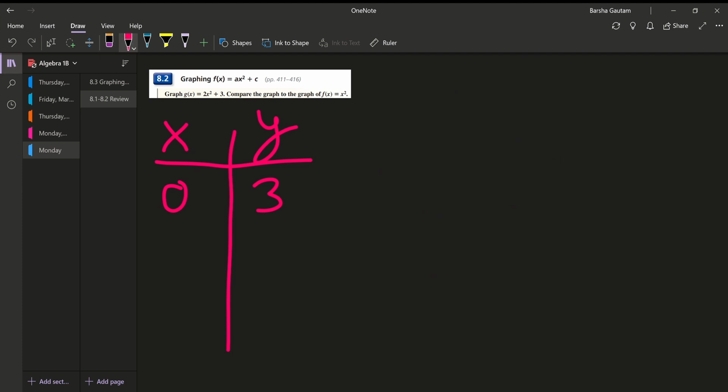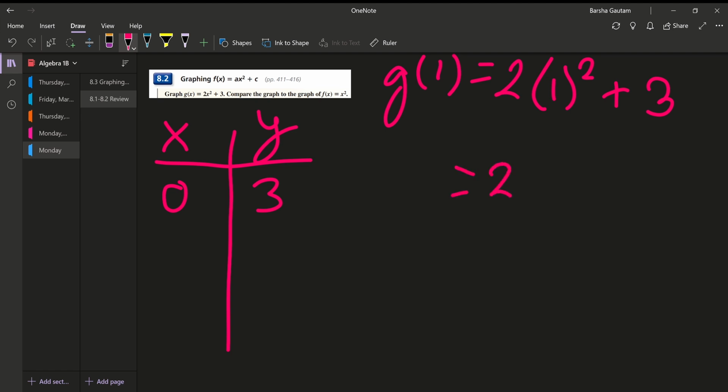Go ahead and try it on your own. Okay. So 1 squared is 1. 2 times 1 is 2, plus 3 is equal to 5.